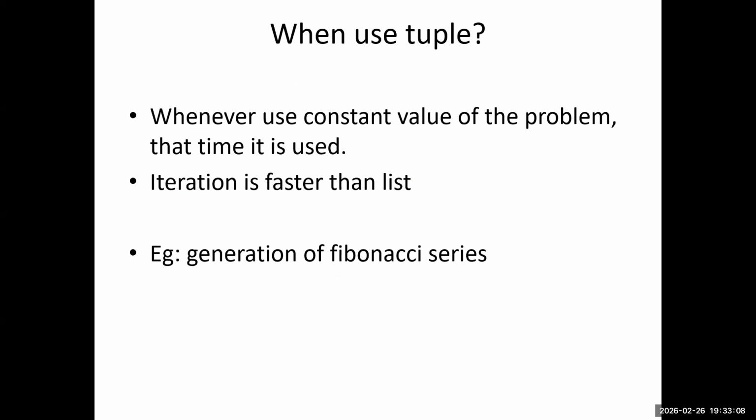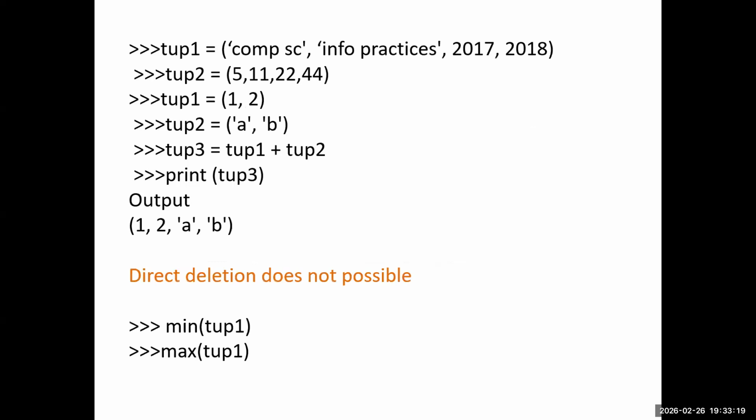In that situation the values will not be changed, so you can assign them as a tuple. Here is an example of creating a tuple, taking a combination of values. This is the first example and this is the second example.